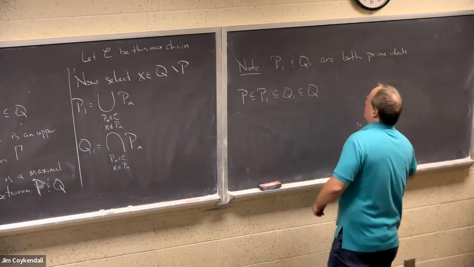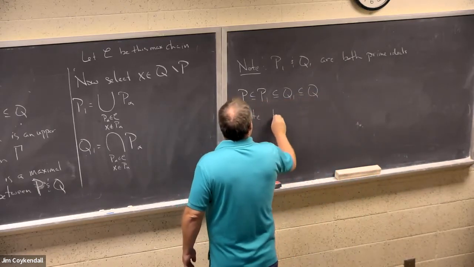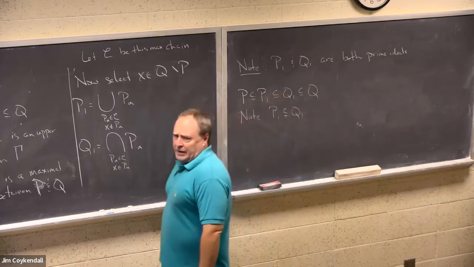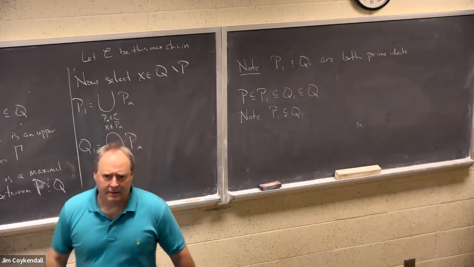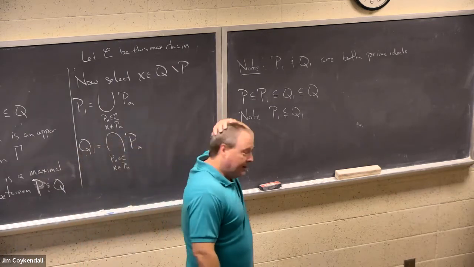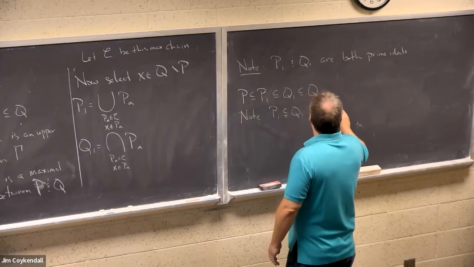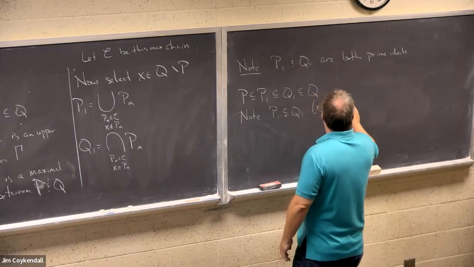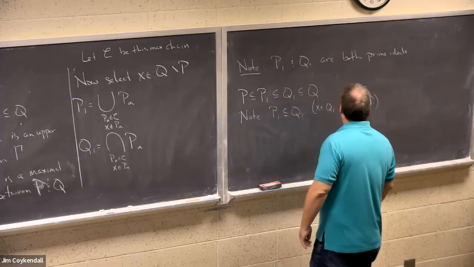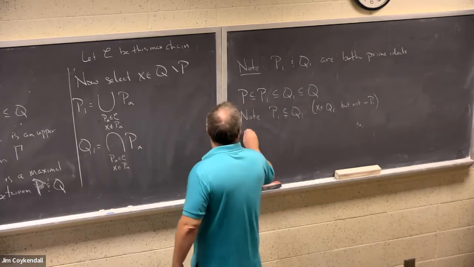Let me point out, note one. How do I know that? That's because of X, right? Because X is in Q1, but not in P1. So there we go.